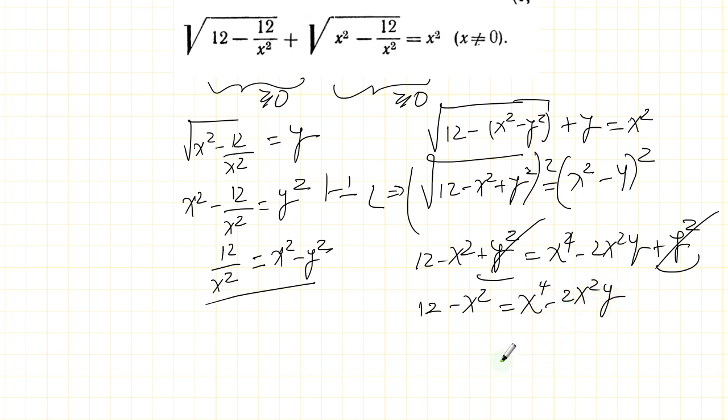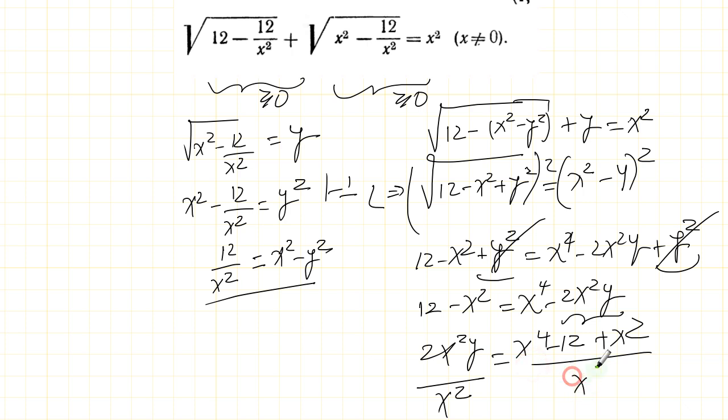This one and this one cancel, so I'm going to have 12 minus x squared equals x to the 4 minus 2x squared y. Now I'm going to bring this term to the left side. This 2x squared y is going to be positive, and then x to the 4 minus 12 plus x squared. So I'm going to divide both sides of the equation by x squared.